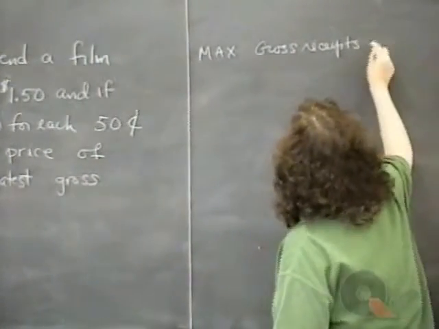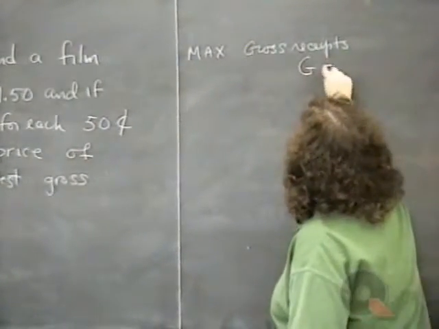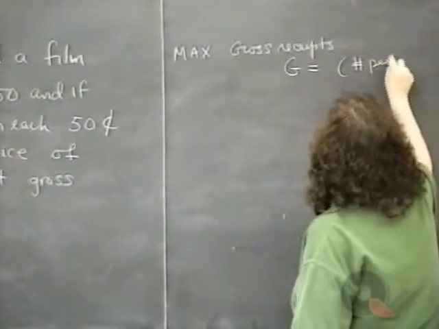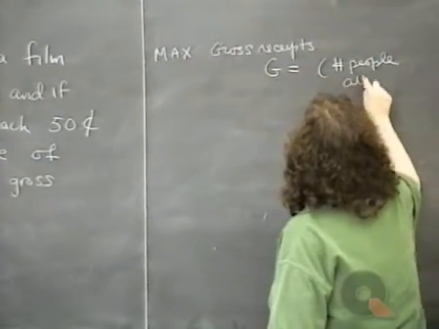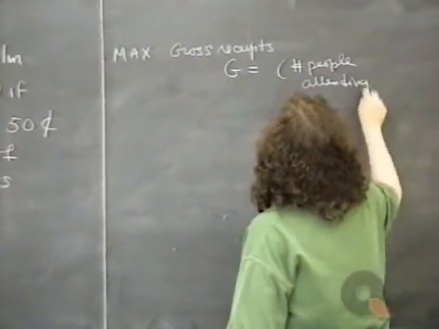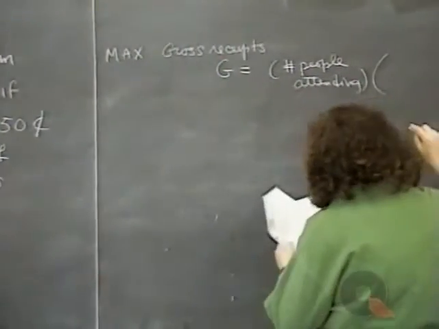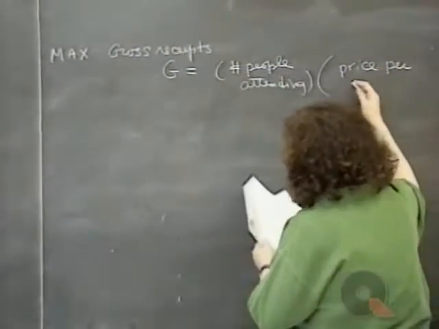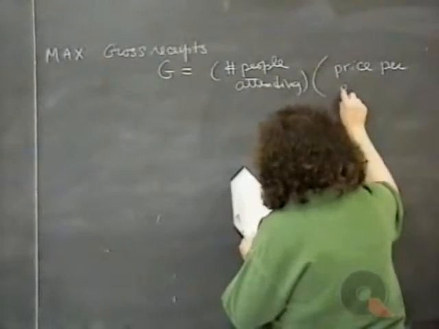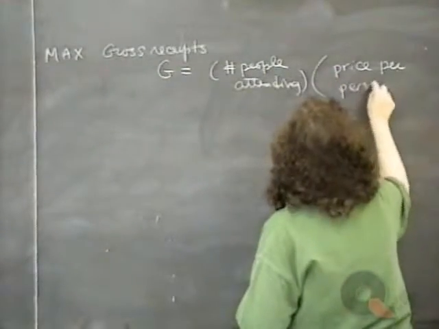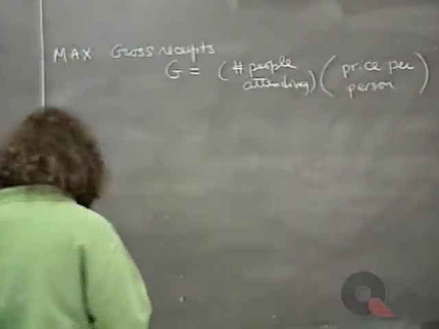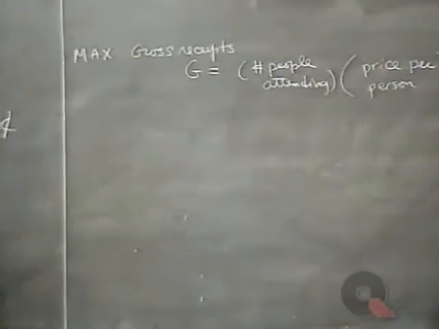We can call that G, which is basically the number of people attending the film multiplied by the price per person that they're willing to pay to go to the movies.